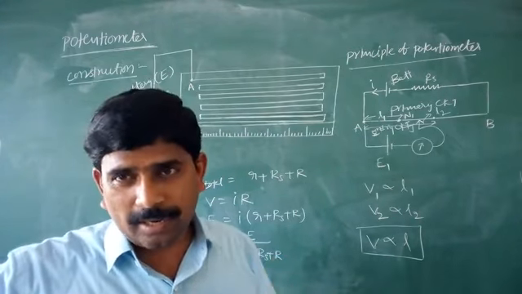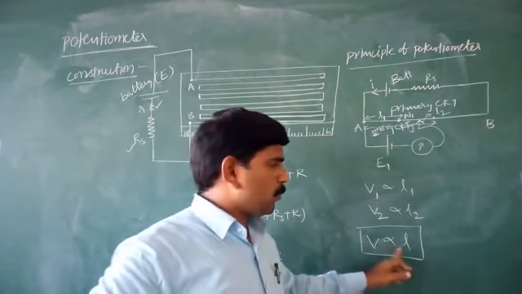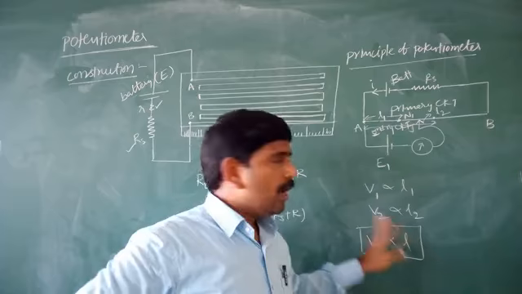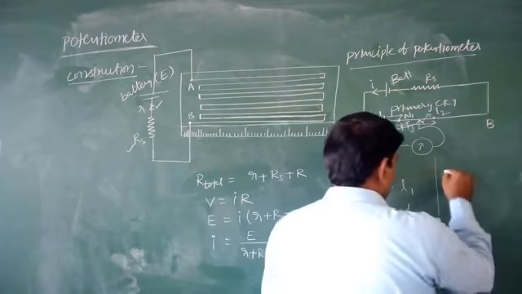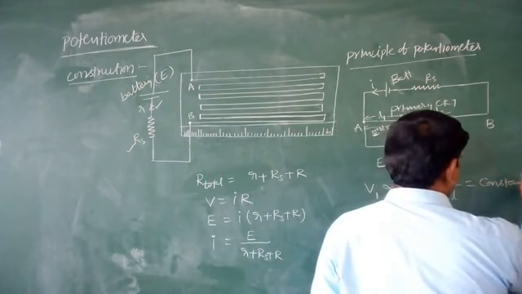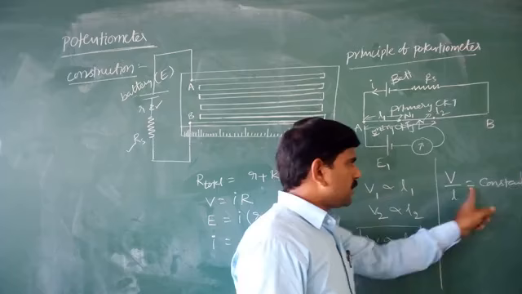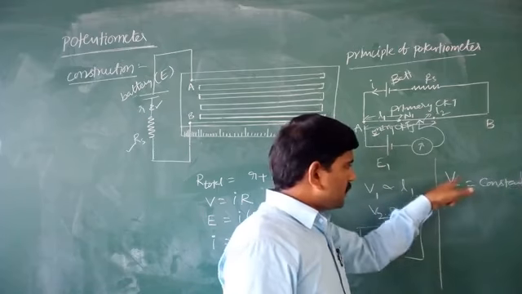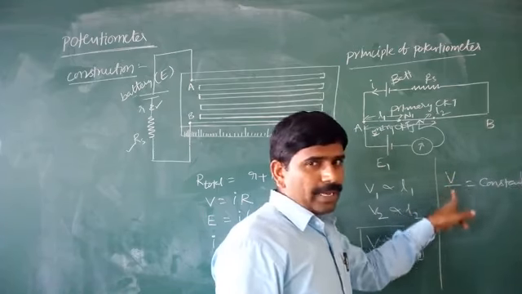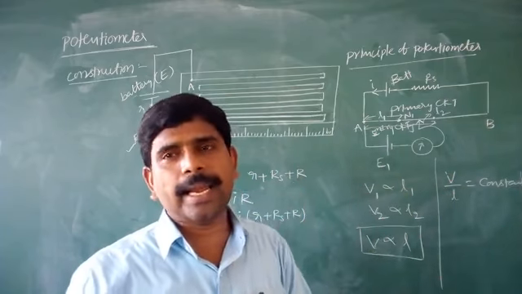The potential drop across the length of the potentiometer wire is directly proportional to its length. Or if you write it this way, V by L is equal to constant. V by L, potential per unit length, is nothing but the potential gradient.